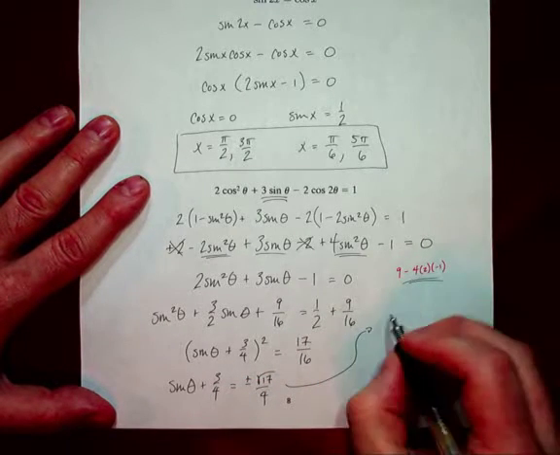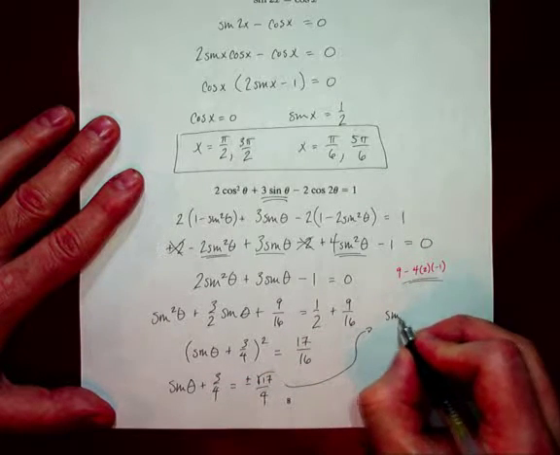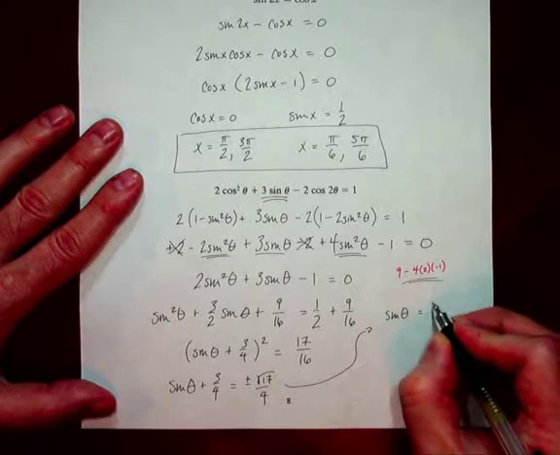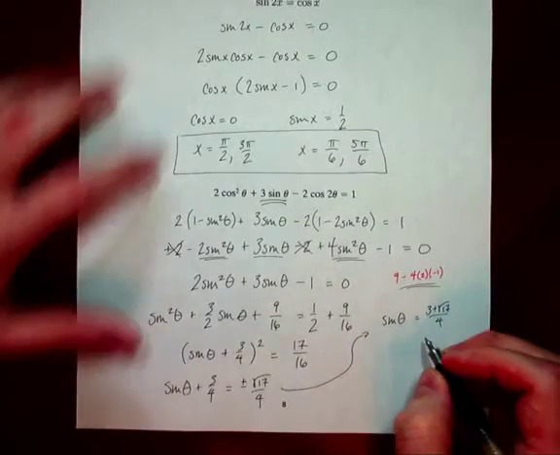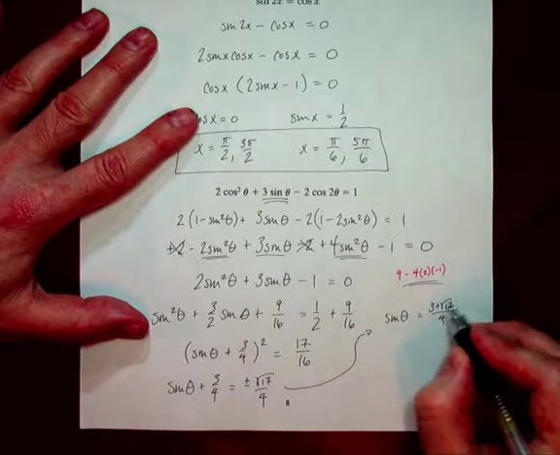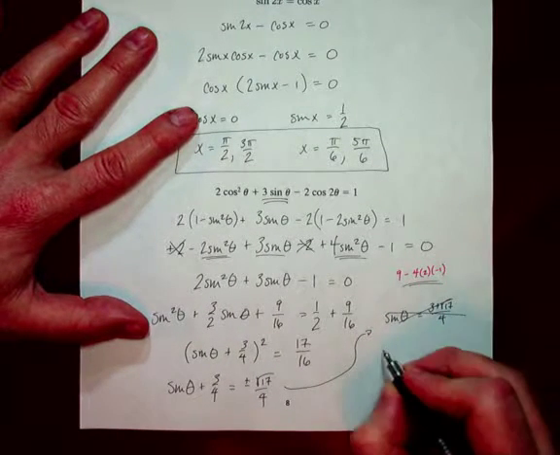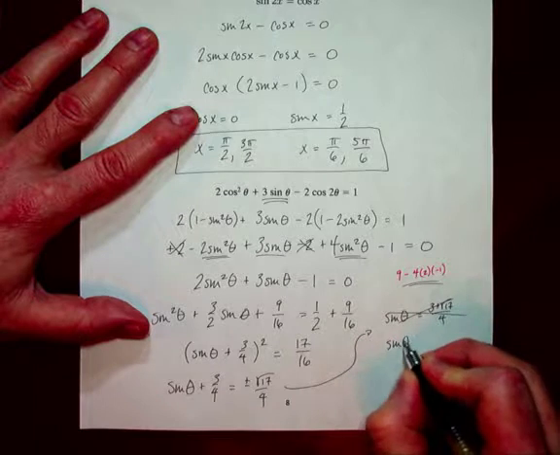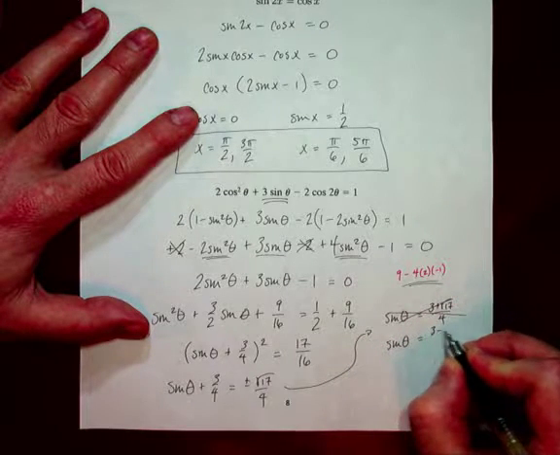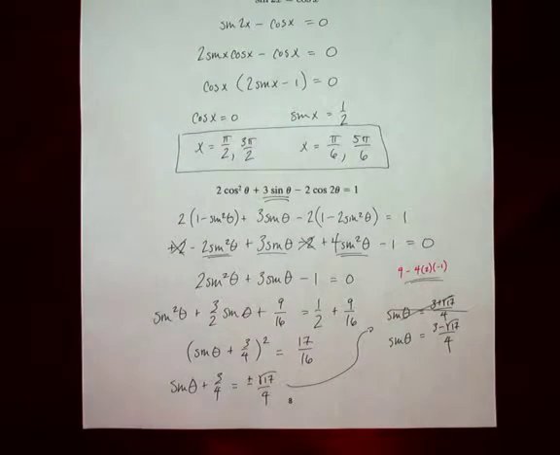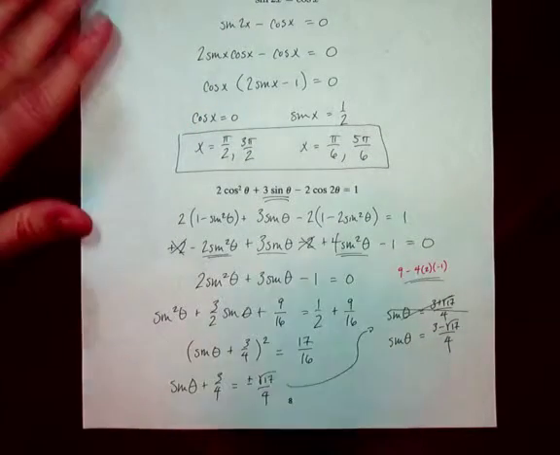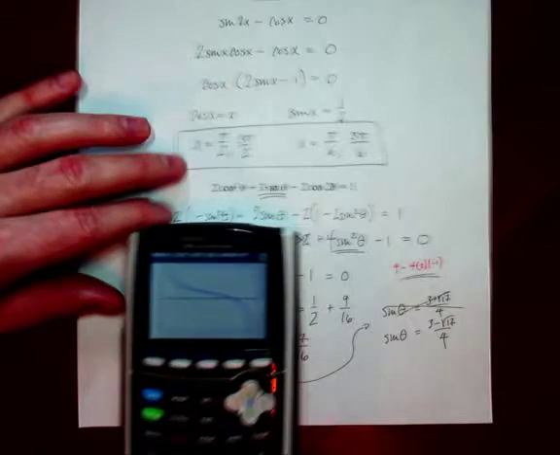And we get two possibilities. We get sine theta is equal to 3 plus root 17 over 4. Well, 3 plus root 17 over 4 gives me a value that is not in sine's range. Or sine theta is equal to 3 minus root 17 over 4. And at that point, I need to consult my calculator. Okie dokie.